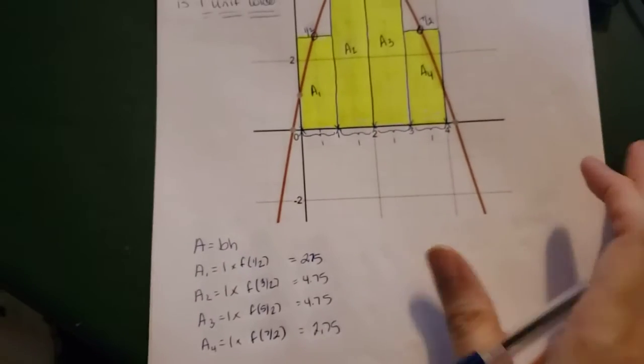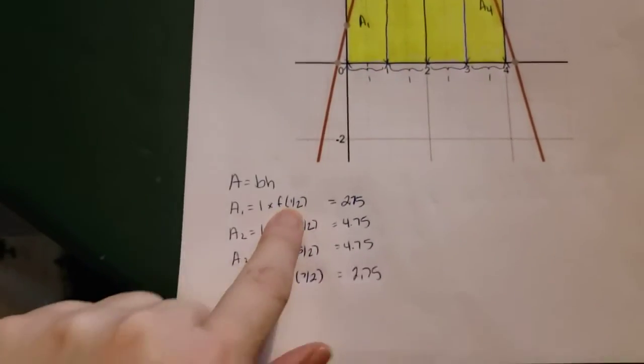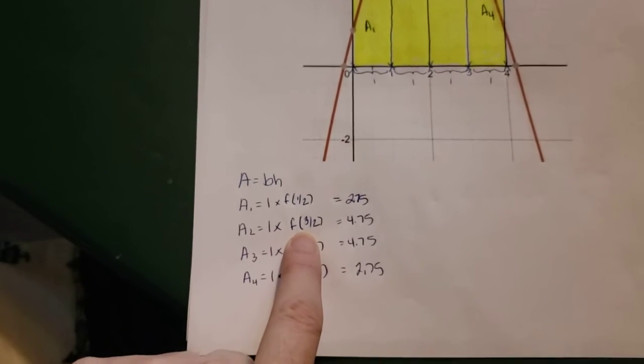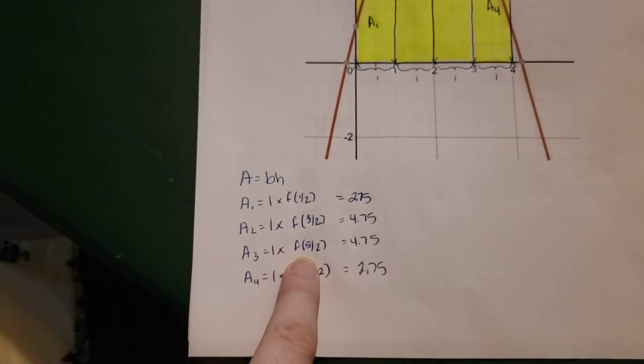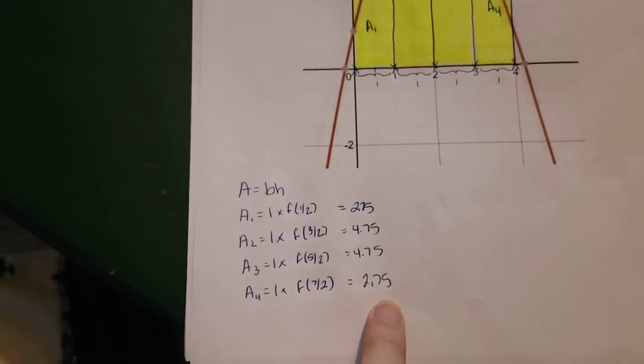Okay, through the magic of technology, I did all of those calculations. So when you put in 1/2, you get 2.75 out for the area. When you put in 3/2 or 1.5, you get 4.75. For 5 halves, we also get 4.75. And then for 7 halves, we also get 2.75.